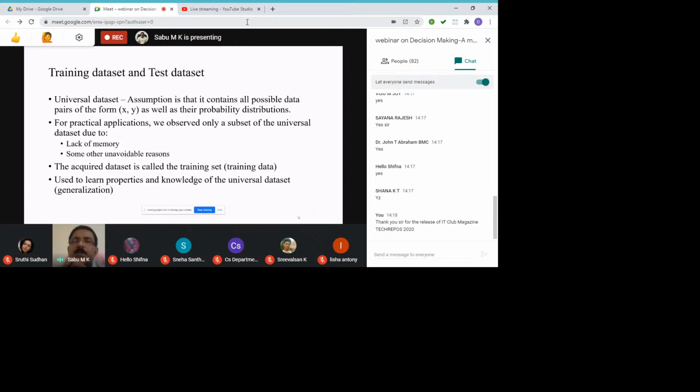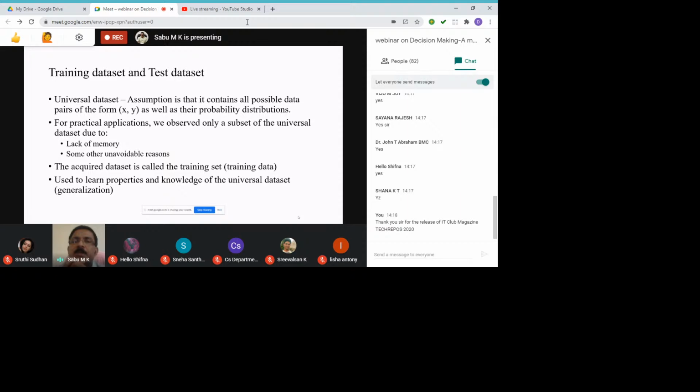Then, to examine the performance of learning, another data set may be reserved for testing, and that is called the test data. That is, once the learning is over, learning happens from the training data set, we have to evaluate the performance of the learned properties.